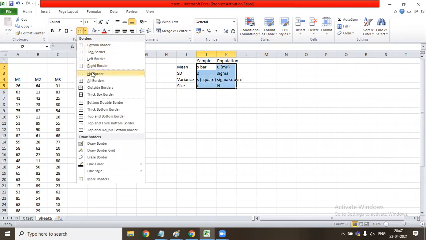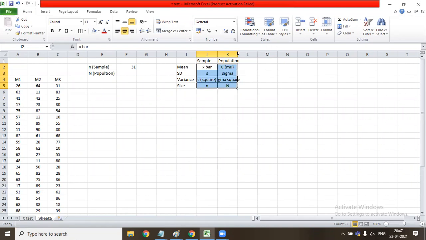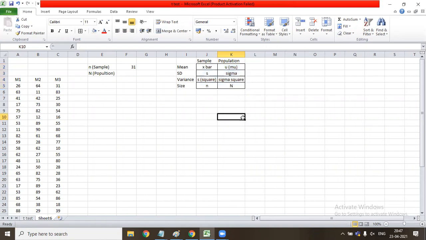Sir, please repeat. Which thing, like these notations? No, sir. Population is denoted by capital N. So let's say we have a machine. Each machine produces 1 lakh units. But the sample that we've taken is 31 samples.